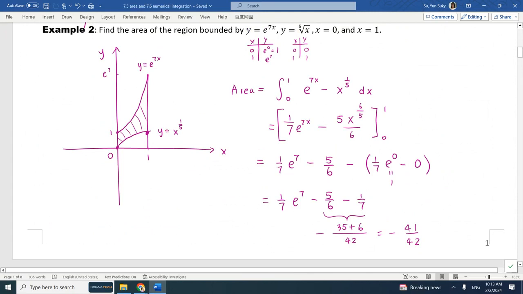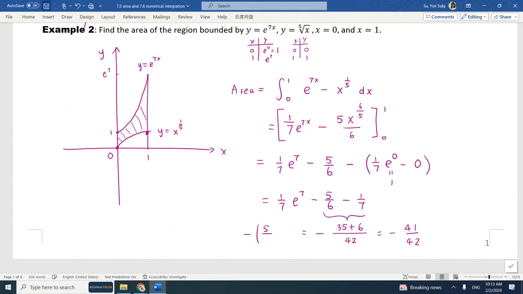Oh, because it's minus. So you put the minus in front, then it's like a parenthesis. And the middle sign here becomes plus. So it's like minus 5 over 6 plus 1 over 7.